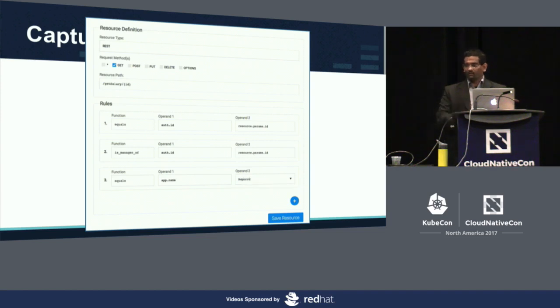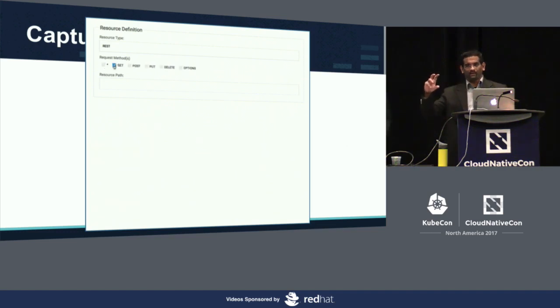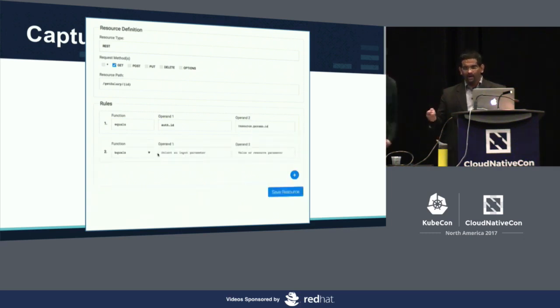Unfortunately, I don't have a screenshot for that at this point, but what we said was, you want to write this policy, you finish writing the policy and then you write a test for it, as in whatever you think you did, this test should pass. You can have positive unit tests or negative unit tests, and before you actually save your policy and it gets pushed into production, it will run all the unit tests, and only when they pass will your policy be updated in production.